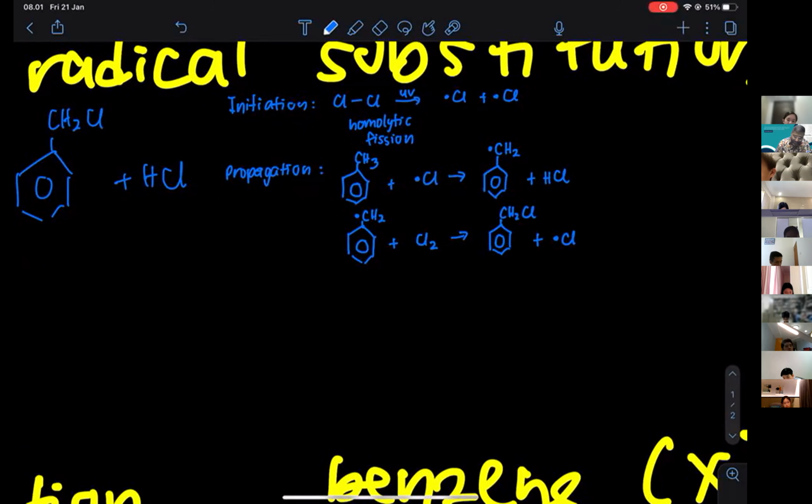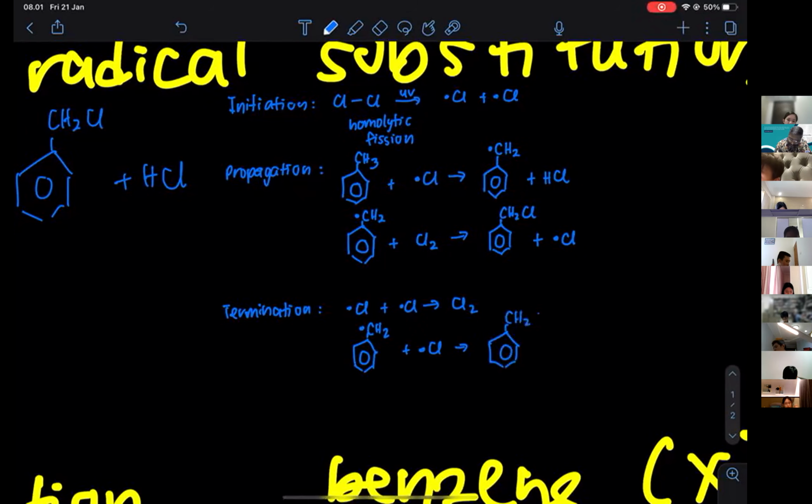Finally, because it's a single substitution, I'm not going to do everything. At the end, there will be a termination step. Termination can be any free radicals joining together. You will get Cl2. Or in this reaction, CH2 dot can also join with Cl dot to give you CH2Cl.